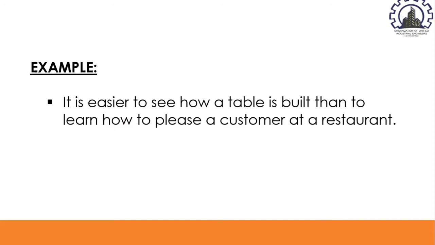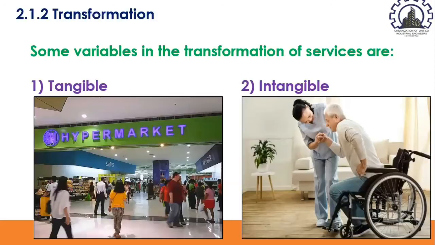A group of tourists can have divergent experiences after using the same customer service at the same tourism destination. Therefore, a higher degree of variation exists in the output of service sectors than in the output of the manufacturing sector.